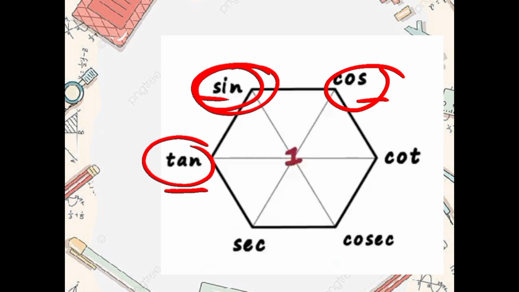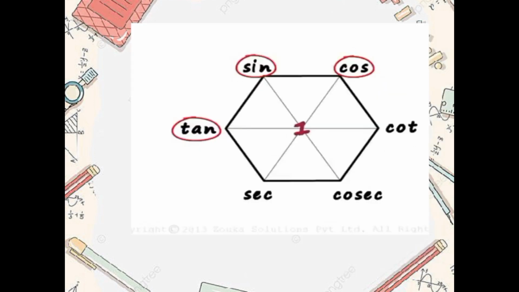So, if three continuous functions are taken, the product of the first and third functions is the function in between them, which is the sine. So we can say that tan multiplied by cos will give us sine.